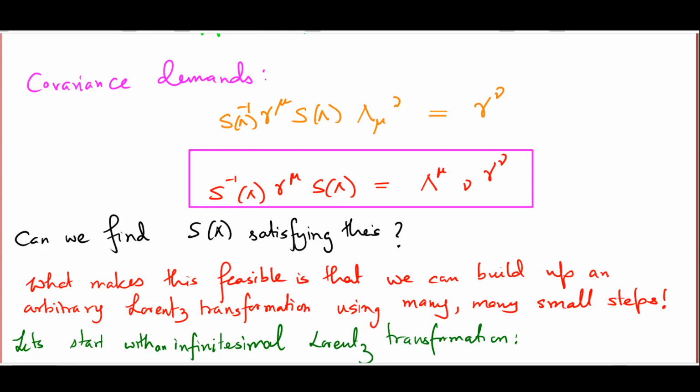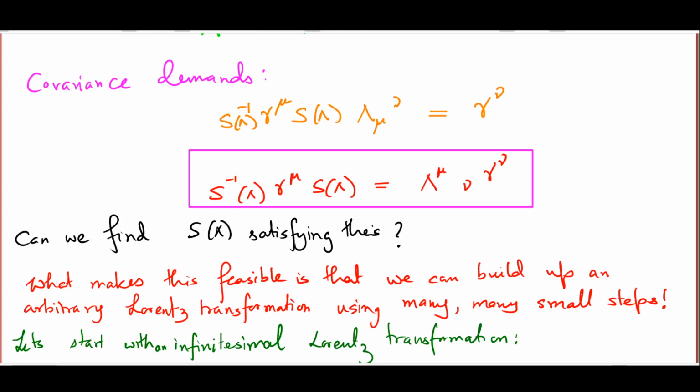However, when we say Lorentz transformation for the time being, we essentially mean transformations which connect one inertial observer to another inertial observer who is moving with respect to that first one and maybe also rotated with respect to the first one.